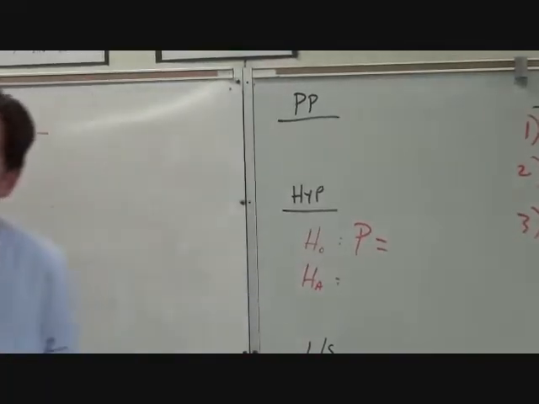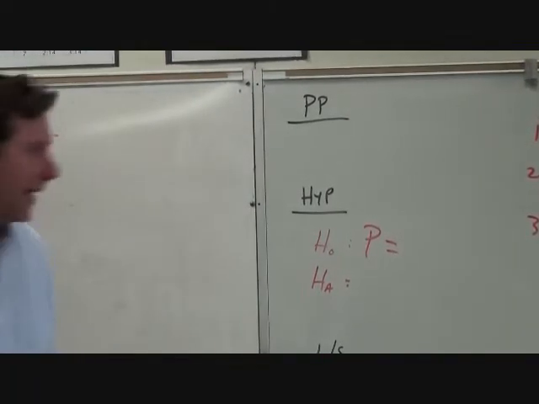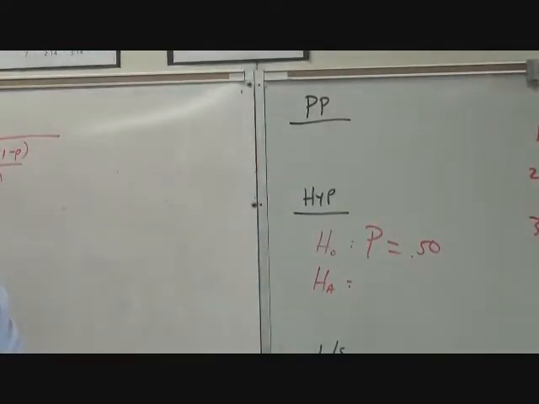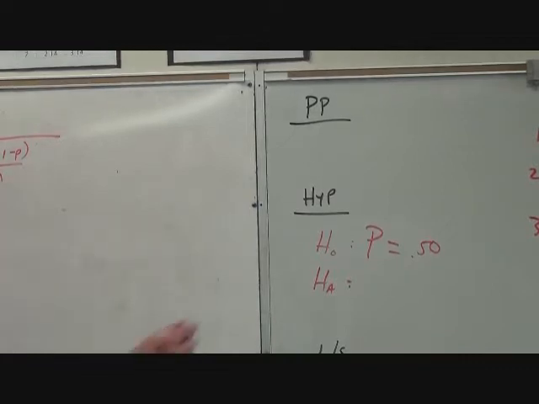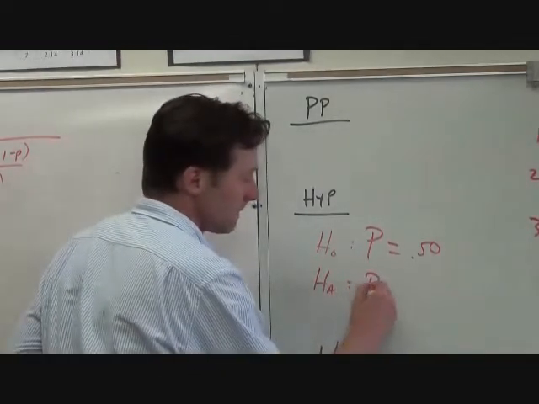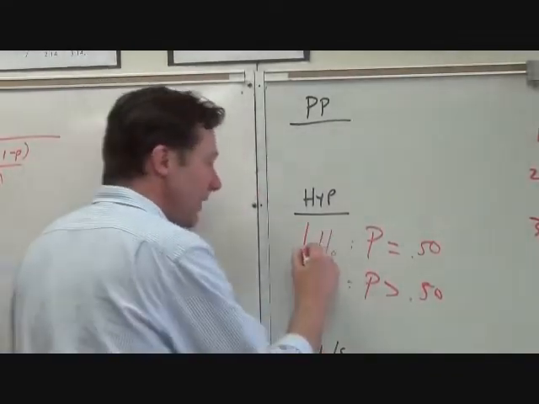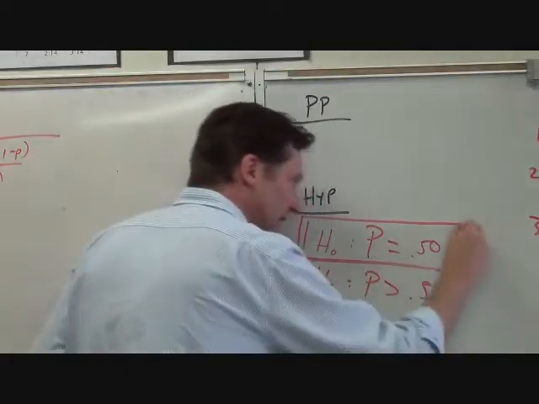P is equal to, let's use decimals, 0.50, very good. You could put 50%. It means the same thing, right? And notice we didn't have any 51s in there. We're not looking at our p-hat. We're trying to prove that it's greater than 50%. What would our alternate be? Greater than 0.50?